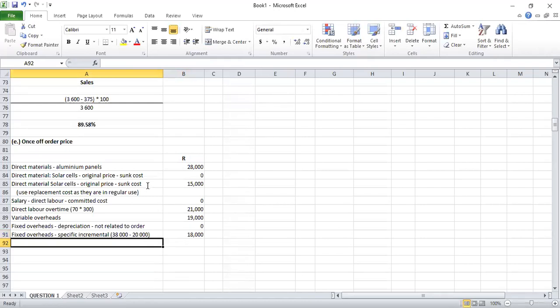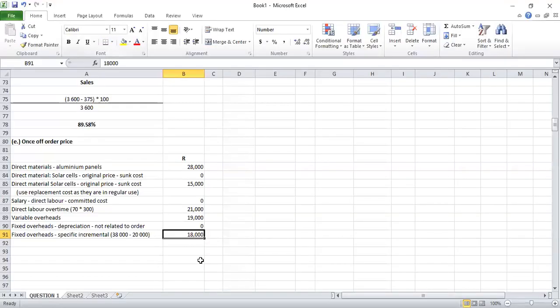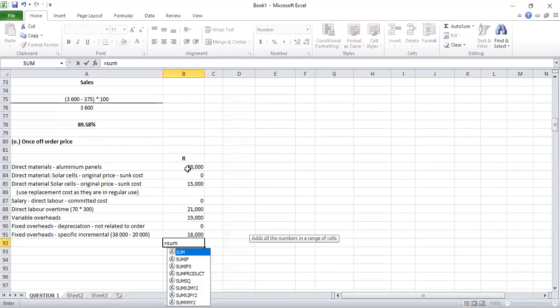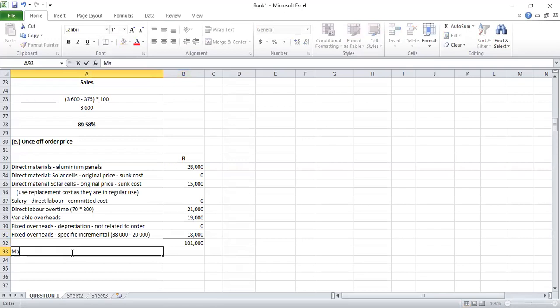So fixed costs, we only include those that are arising specifically because of the order, not the ones that are already there. Then we're told that the management accountant has indicated that to get to the desired once-off price, a markup of 15% will be added to the cost. So they'll add a markup of 15%. So we'll add the cost here. Then we'll have our markup, 15% times 101,000.